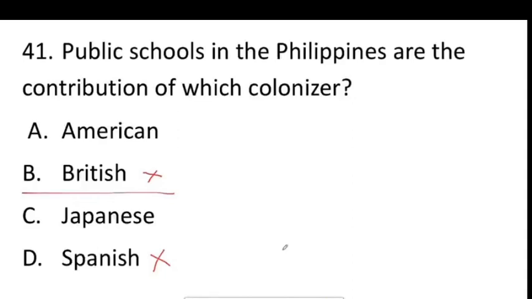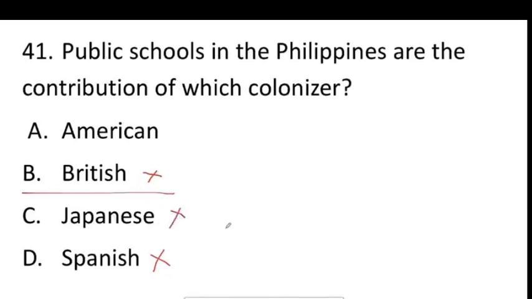So we're asking about public schools. So hindi naging public yung education system during the Spanish time. At yung focus ng Spanish was religious instruction. So gusto lang nila is maging educated tayo in their religion. That's why a lot of us became Catholics. Sa Japanese time naman, it was the love of labor.